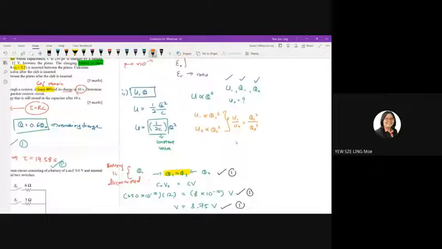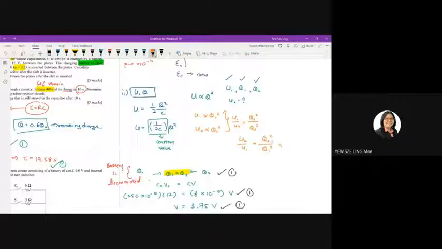We use U1 as 1, it's the full value, it's 100%. So let me flip it over, U2 over U1 is equal to Q2 squared over Q1 squared. Because now I want to see the percentage remaining. Saya nak tengok berapa remain, so I should let U1 be at the bottom, because U1 represents 100%.